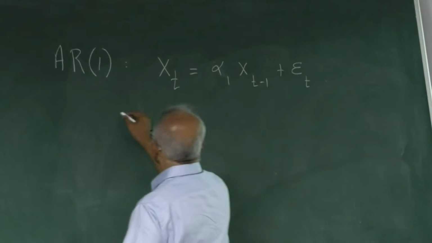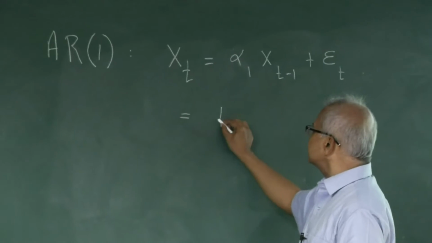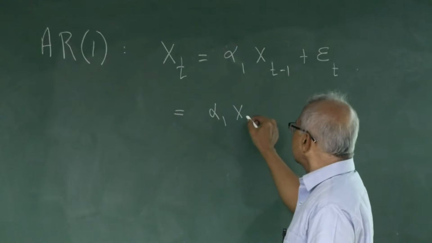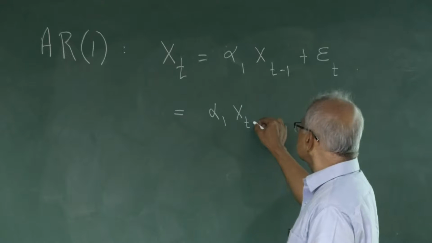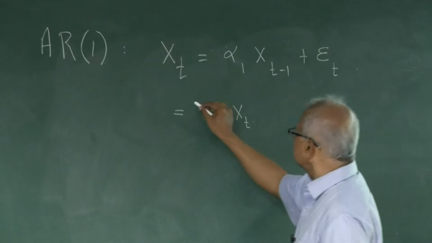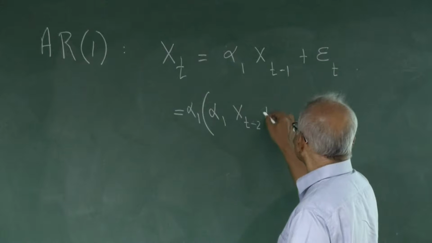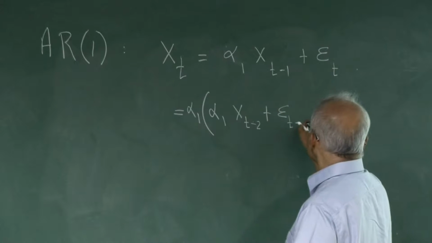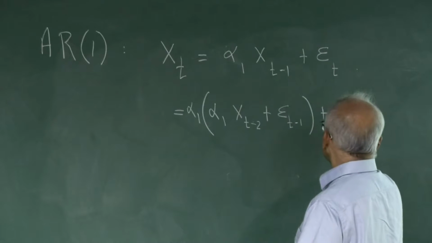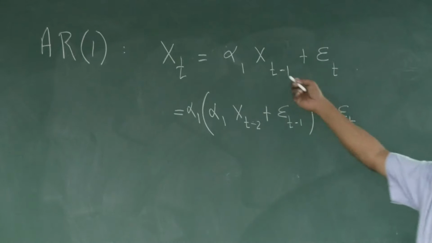So can I write it this way? Xt minus 1 is what?